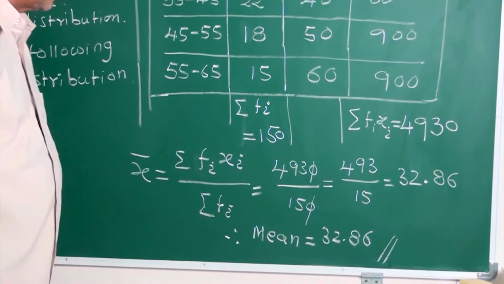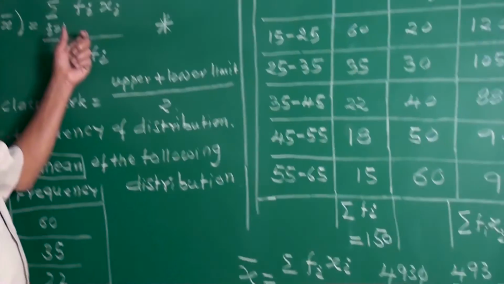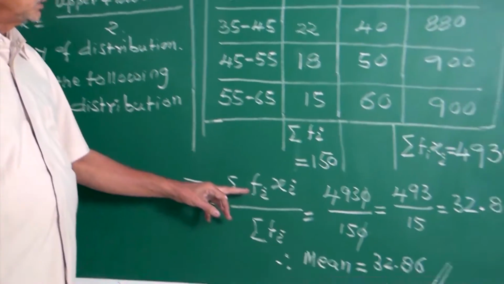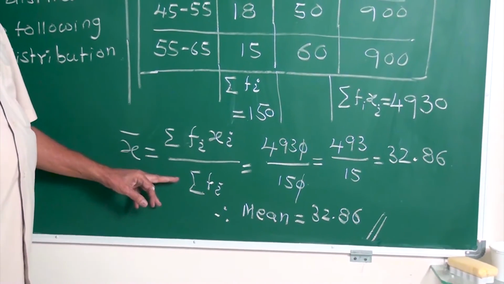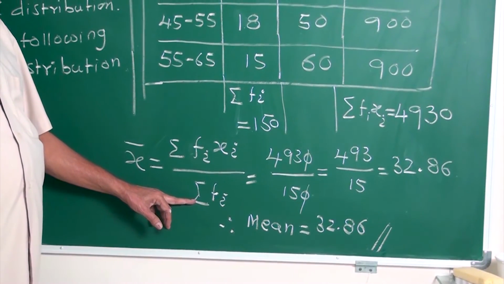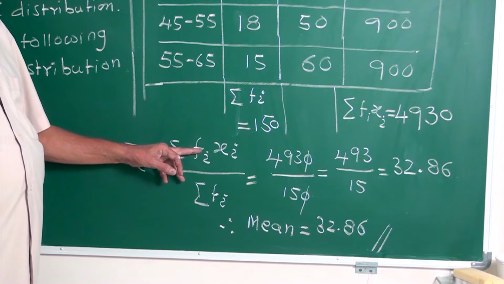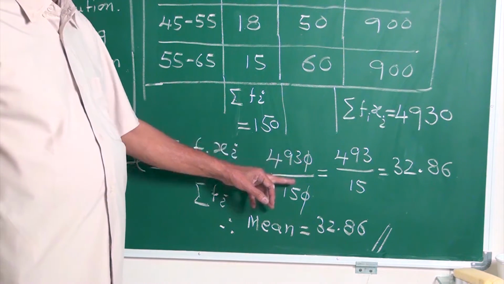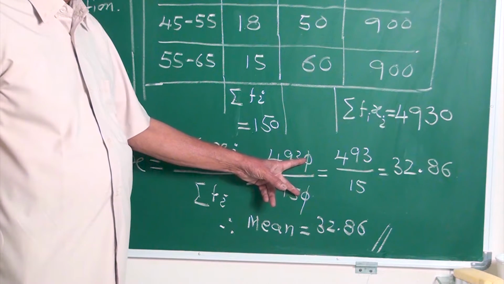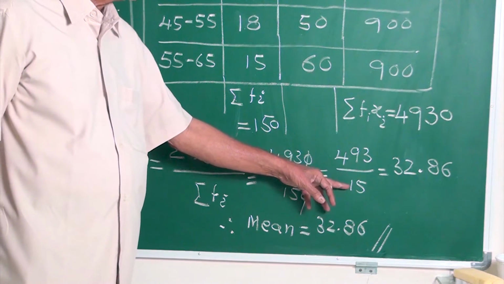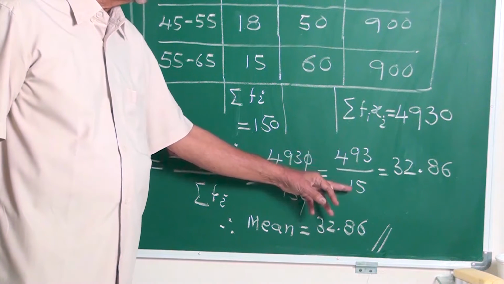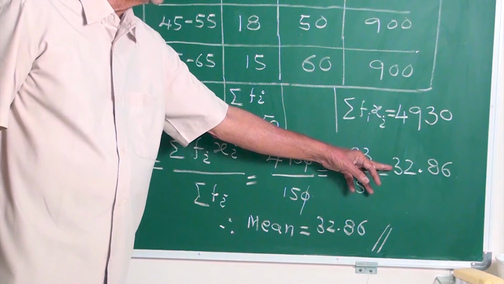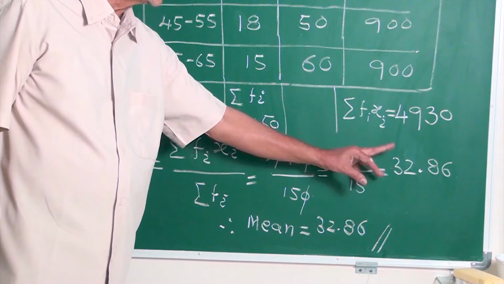Then what is the formula for x bar? The formula for x bar is sigma fi xi upon sigma fi. What is the value of this, my friends? It is 4930 upon 150. Cancellation, 493 upon 15. If you divide the numerator by the denominator, you get 32.86.